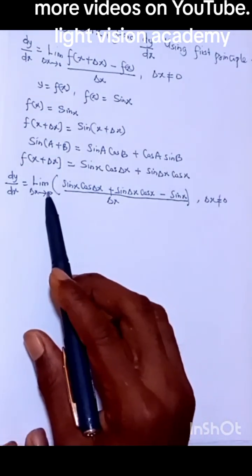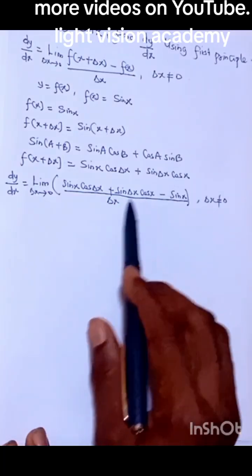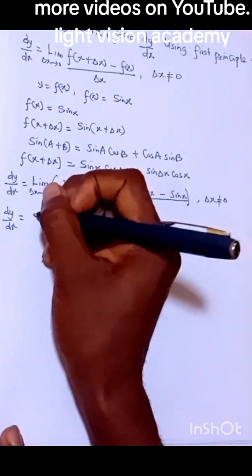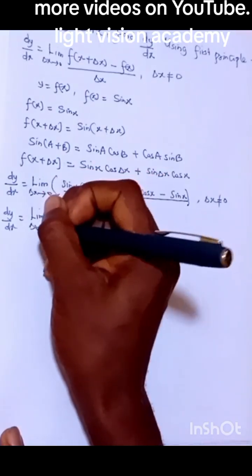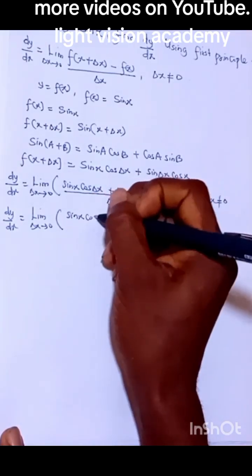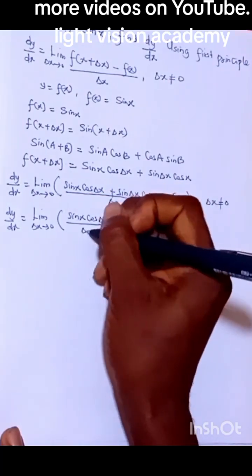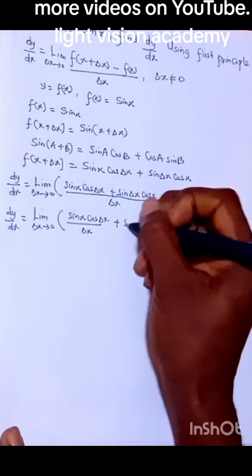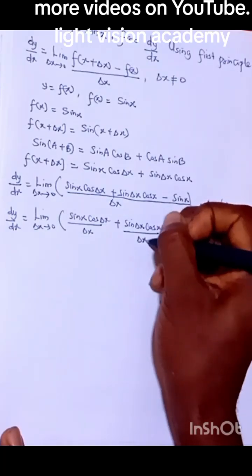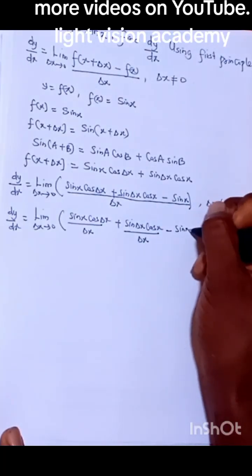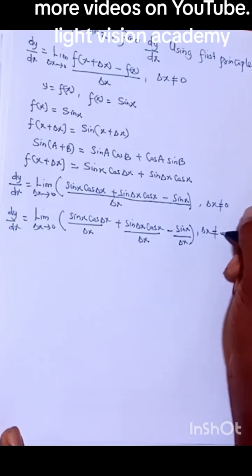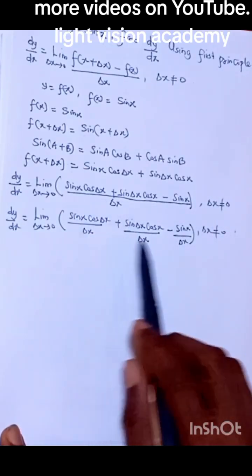We now multiply each of the terms by the limit and divide by Δx. So dy/dx is equal to the limit as Δx tends to 0 of sin x cos Δx over Δx plus sin Δx cos x over Δx minus sin x over Δx, as Δx is not equal to 0. So we divided through by Δx here.